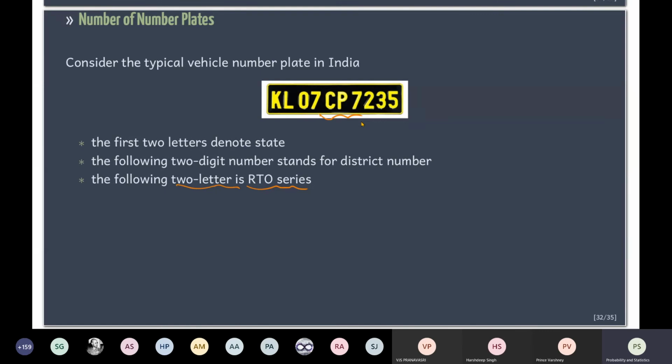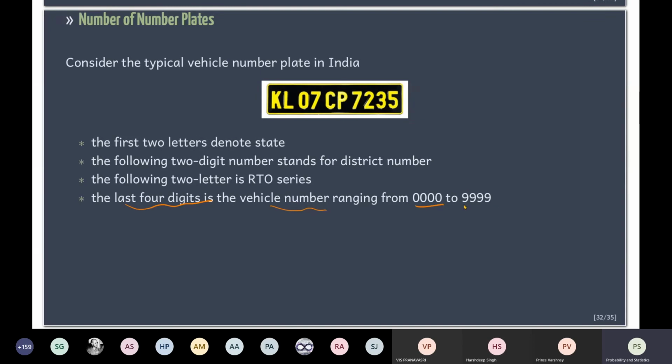Then we have the last four digits, which is the vehicle number within this range. So these are four-digit numbers.